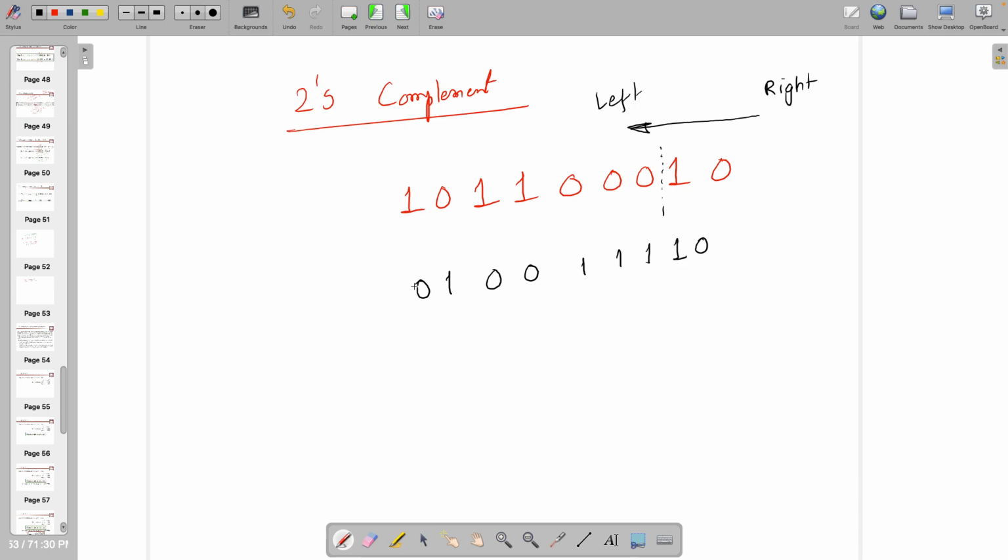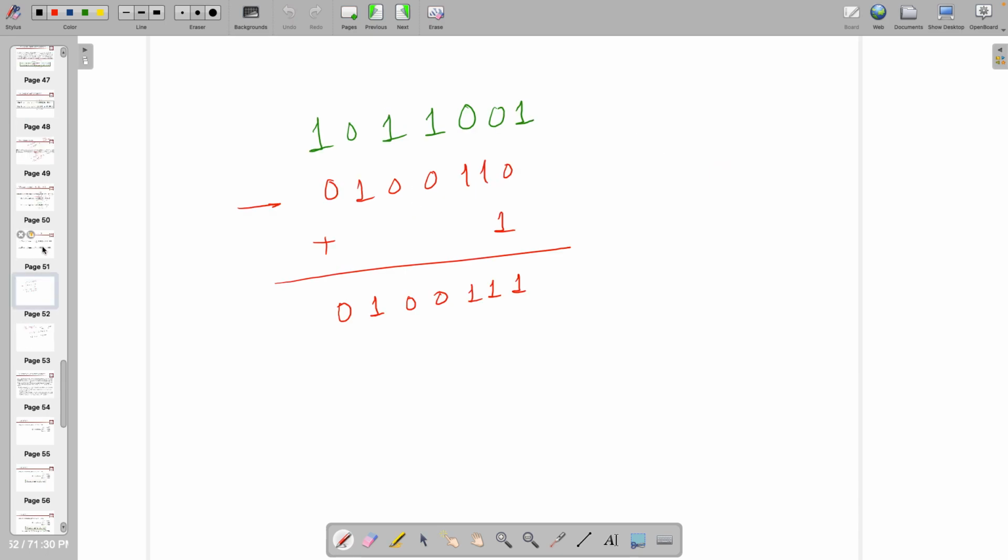Let's look at the number which we have studied just now. I am starting from right to left. Find out where the logic 1 is. Logic 1 is here. Keep that logic 1 as it is and invert the rest of them. So 1 1 0 0 1 0, right.